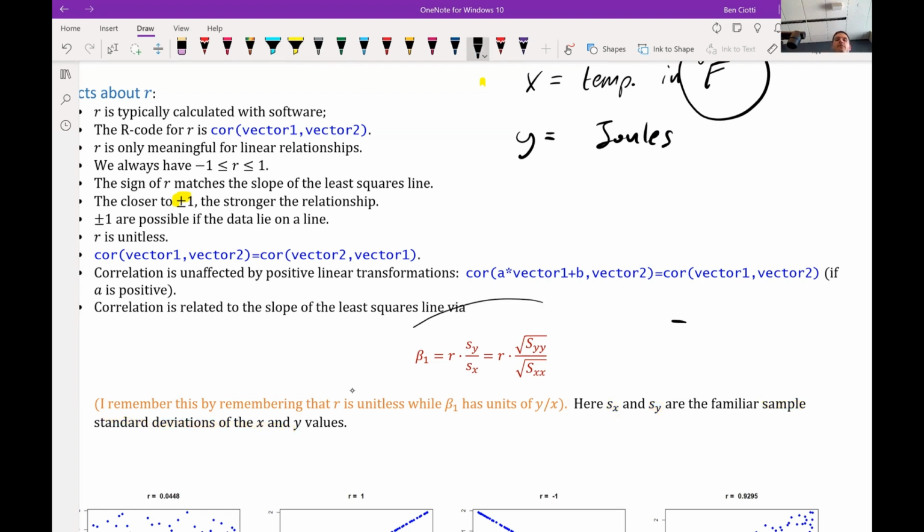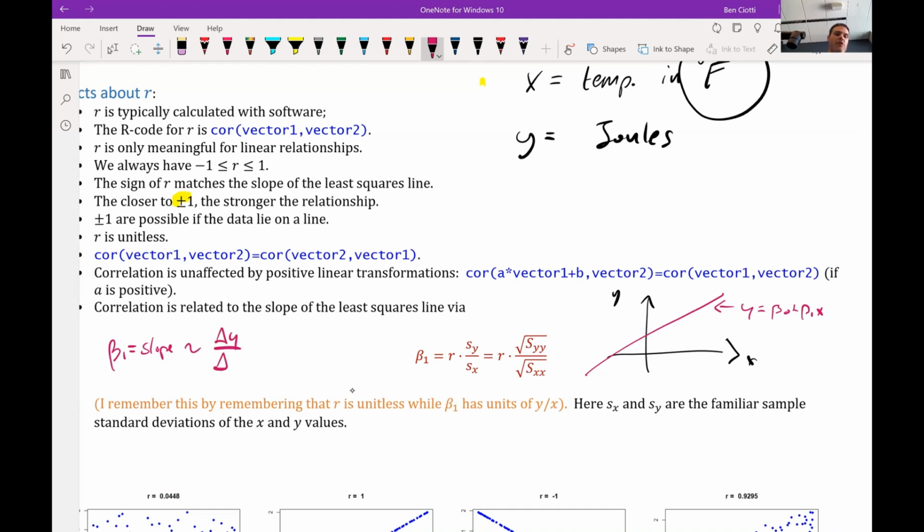And here's how I remember this equation. If you look at the regression line, y equals beta 0 plus beta 1 x, beta 1 is the slope. So it has units of y over x.